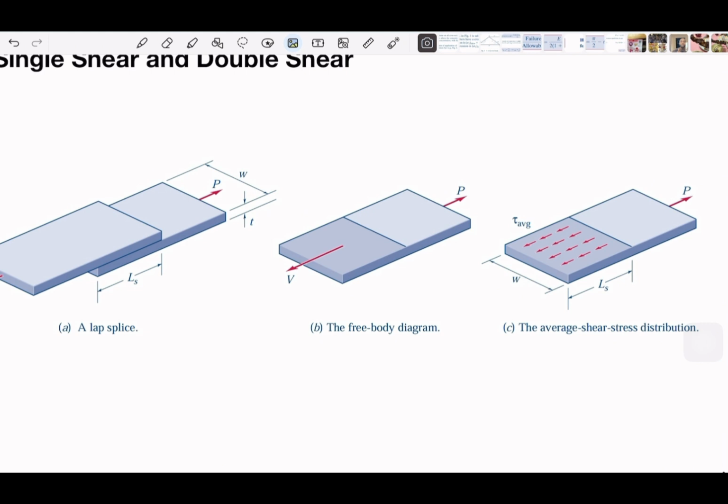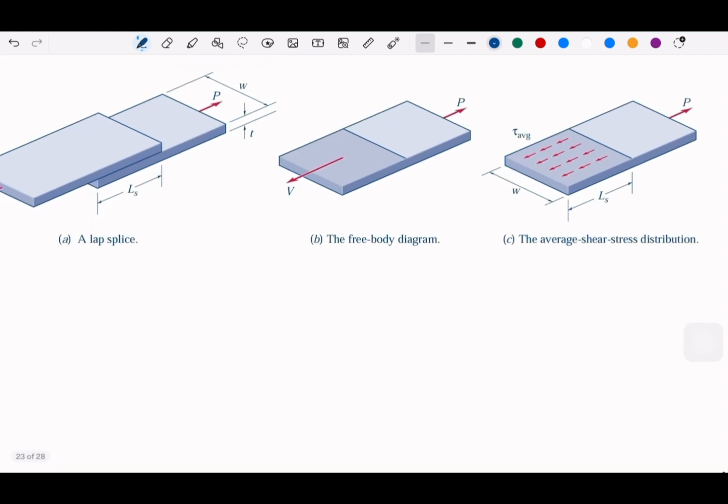Within this, we could work out the average value of the shear stress, defined by V over A_s, where A_s is defined by W and L_s. Since there are only these forces, the shear force V will equal P, because it's in equilibrium, and the surface will be L_s times W. As simple as that.